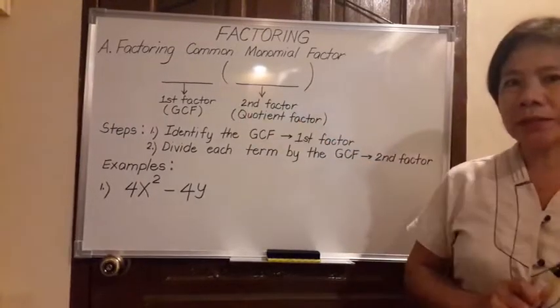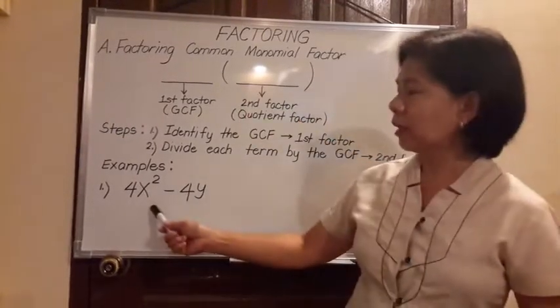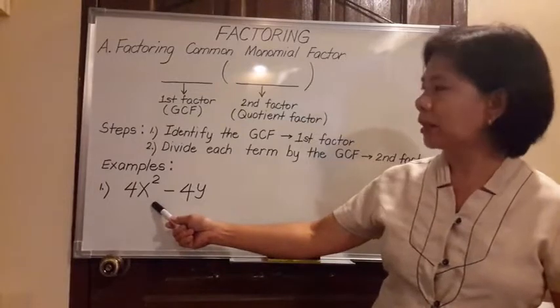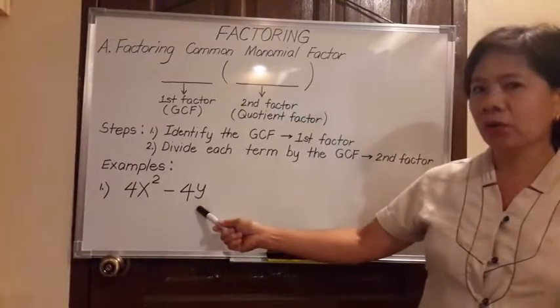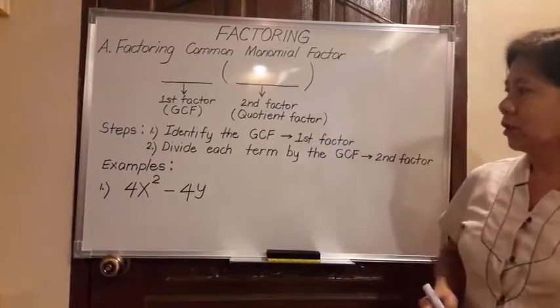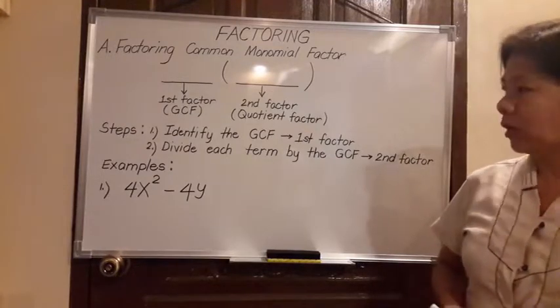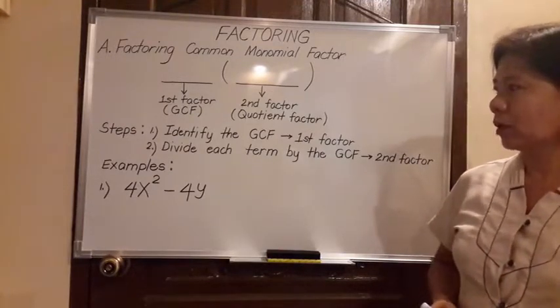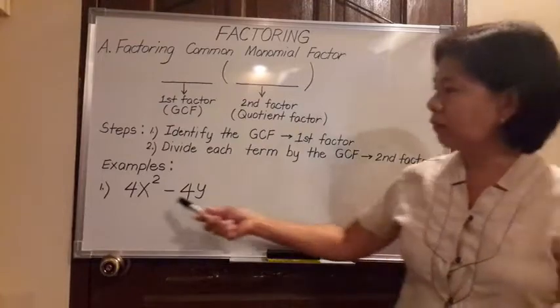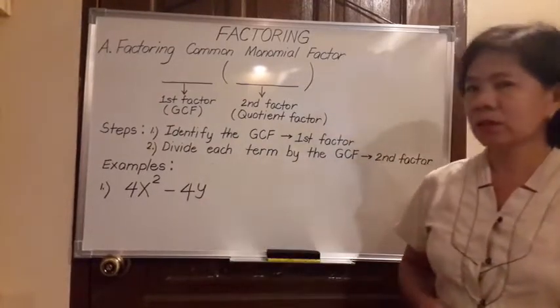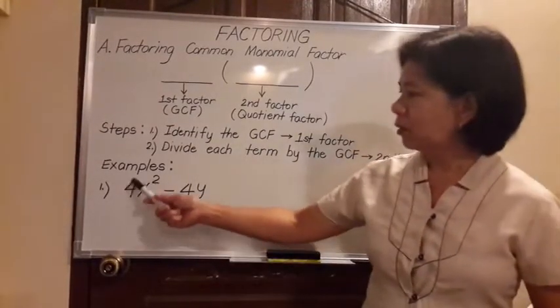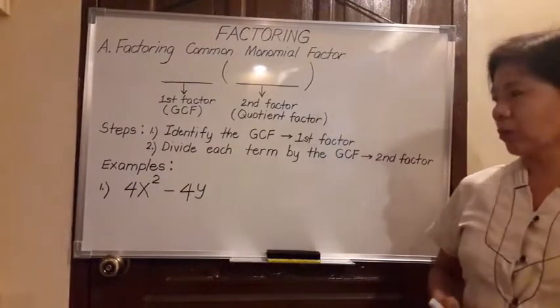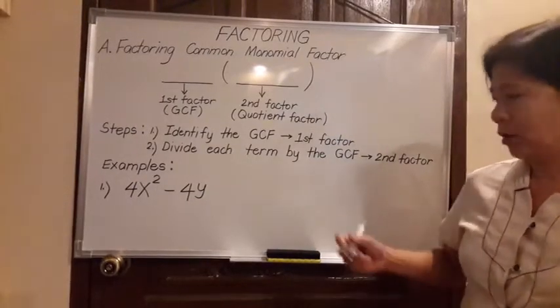Let us take some examples. For the first example, the polynomial given is 4x squared minus 4y. First, we will solve for the greatest common factor. Now, what is the common factor of the numerical coefficients of the polynomial? Obviously, the greatest common factor is 4.